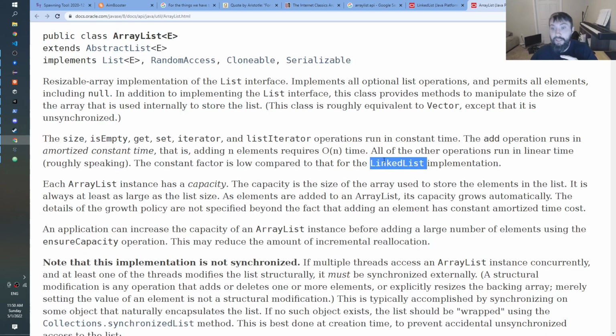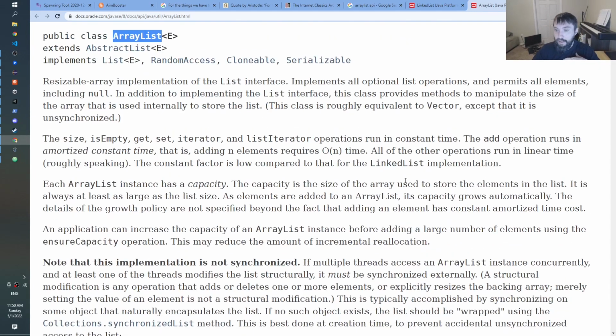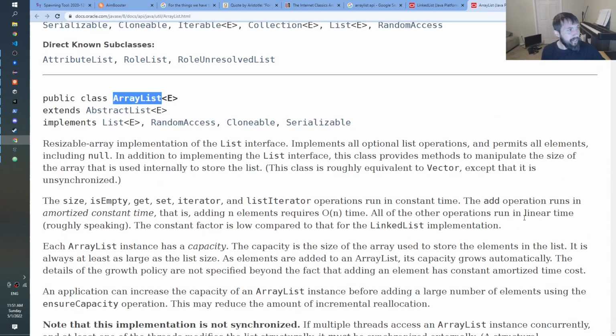Some operations in a linked list are faster than the same operations in ArrayList. So let's see if we can verify that. Let's write a quick algorithm and see if we can detect the difference between the speed of adding to a linked list versus the speed of adding to an array list.